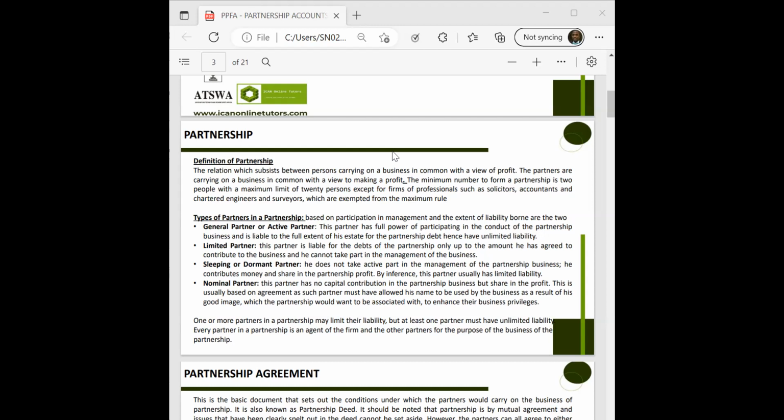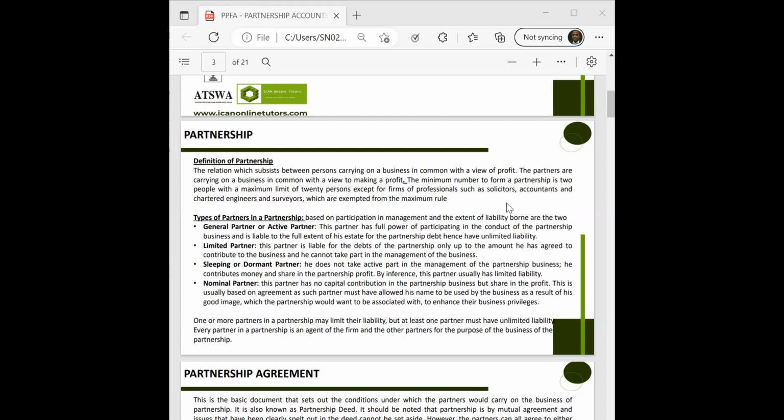It includes a minimum of two persons coming together to actually start a business, to say, let's start a business and let's make profit. So for example, if I and Motunrayo go into a business together, we'll call that partnership.